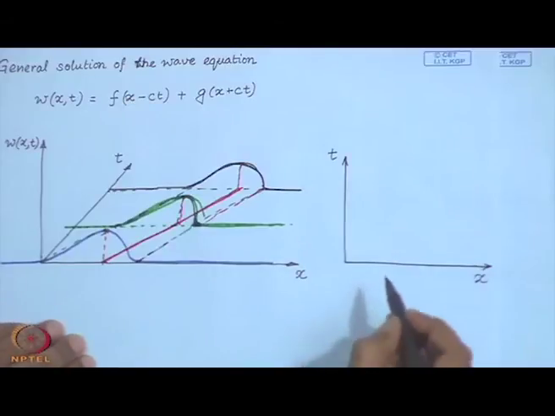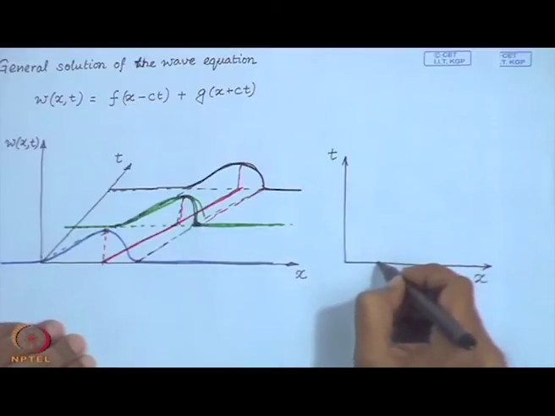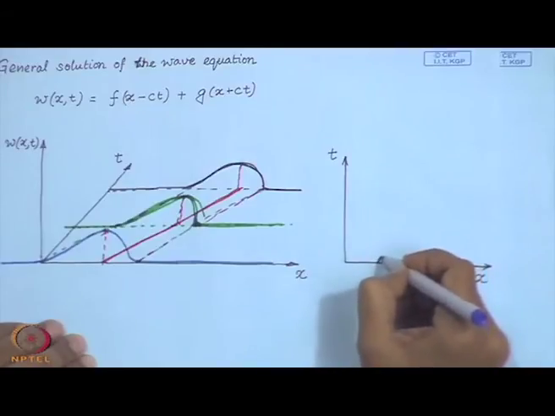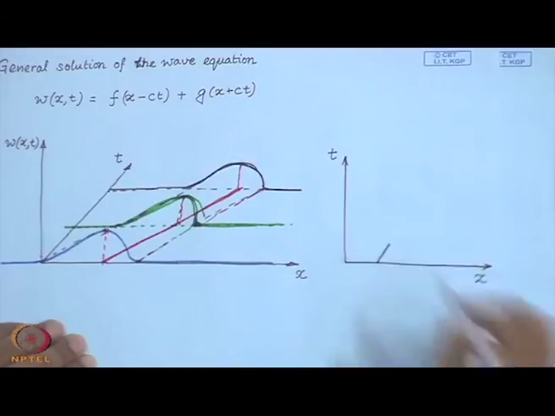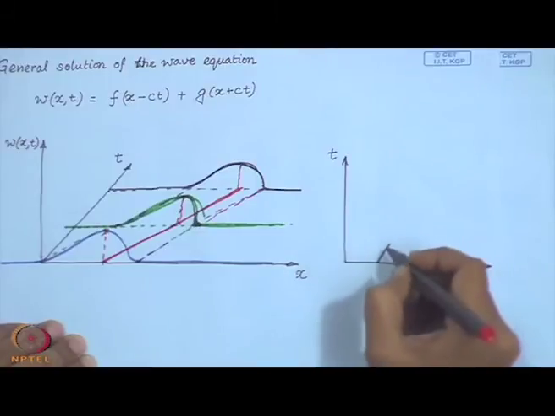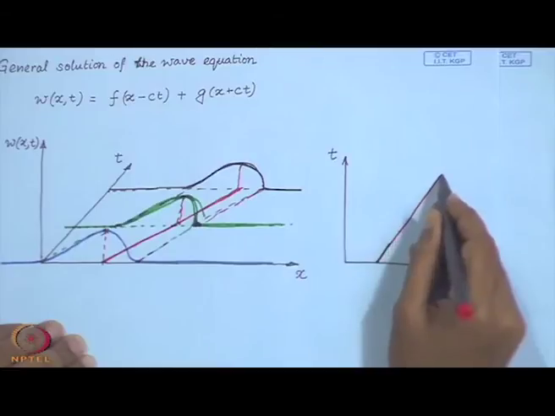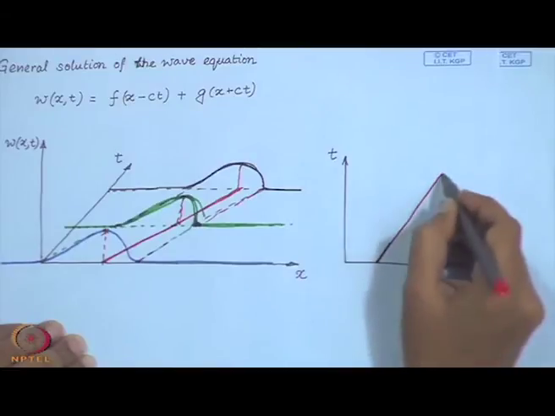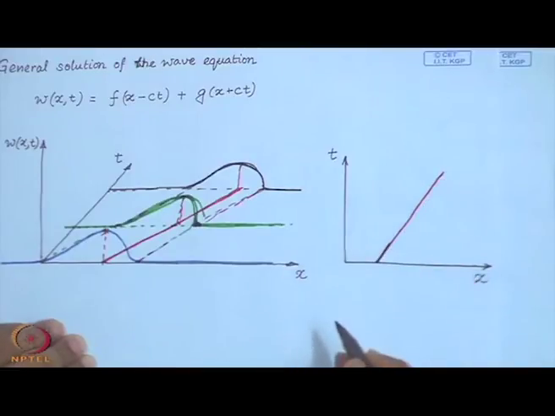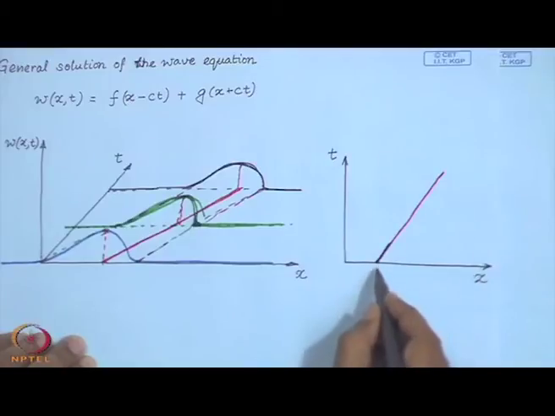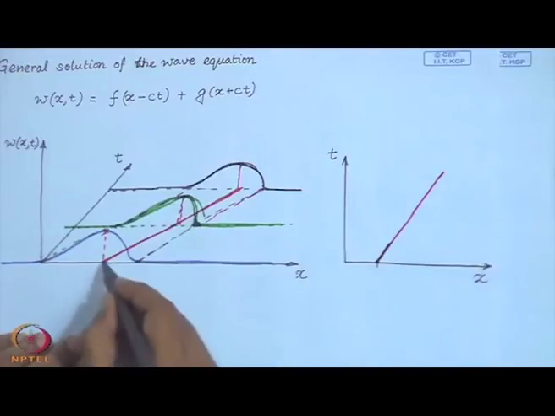In this diagram, suppose this point was the maximum amplitude point here, so x 0 let us say.